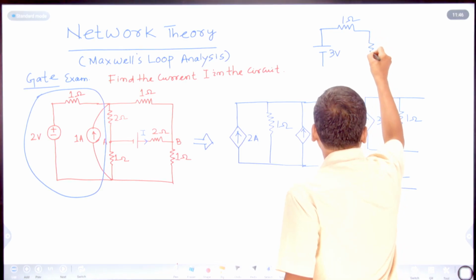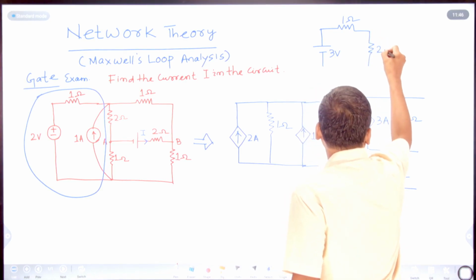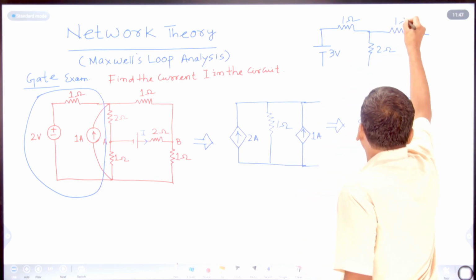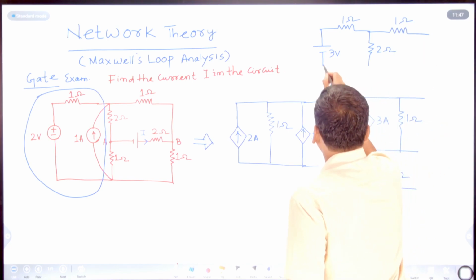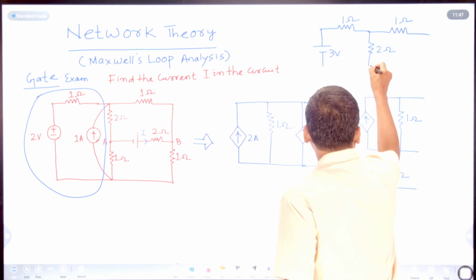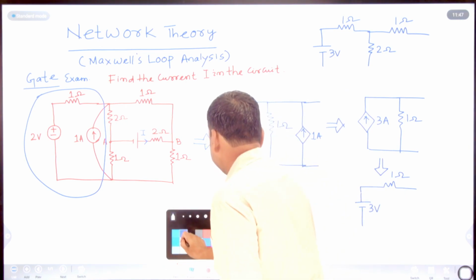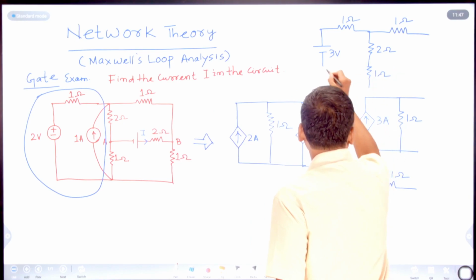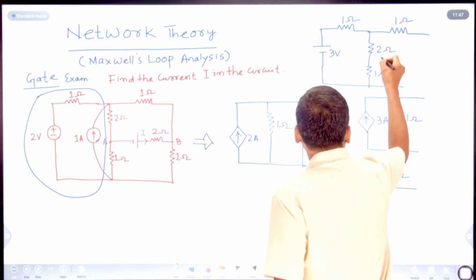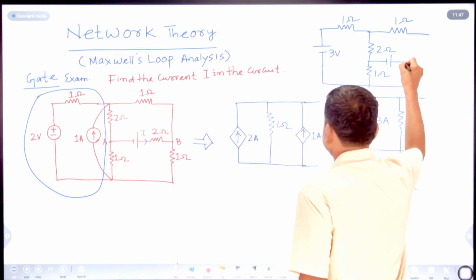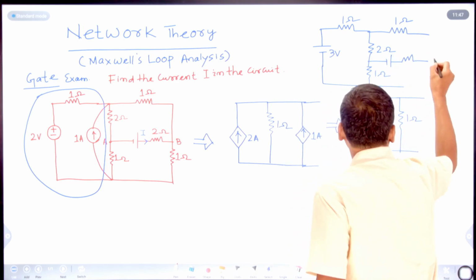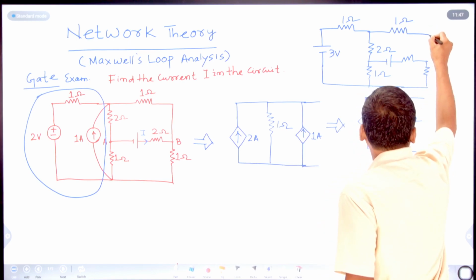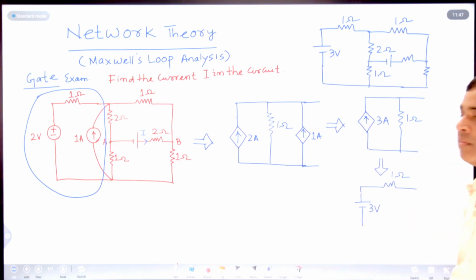Then this is your 2 ohm, this is your 1 ohm, this is your 1 ohm. This resultant circuit is like this.